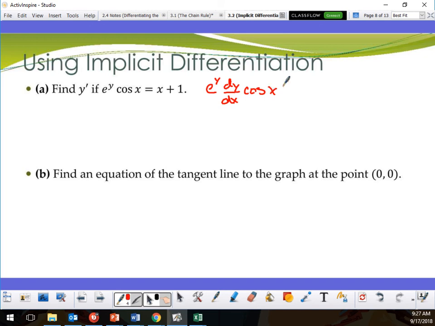And since it's product, it'd be a plus sign, and the derivative of cosine is negative sine, so negative sine of x, and then e to the y, equals 1.